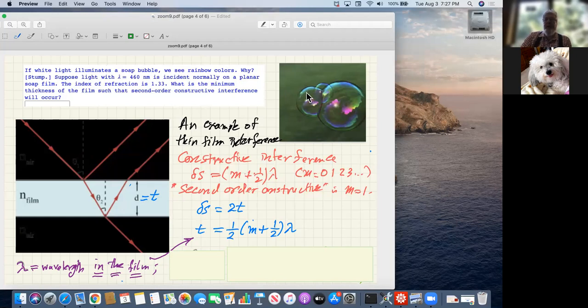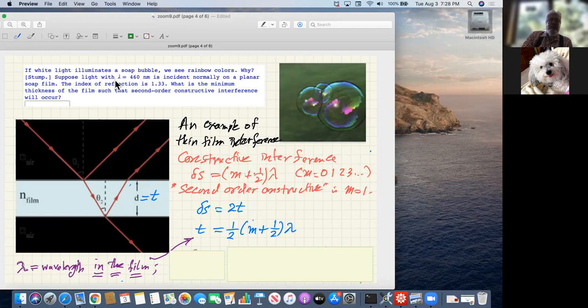At certain angles, each wavelength will undergo constructive interference. So if you're looking at that angle, you'll see that color, because there'll be constructive interference for that wavelength and not for the other wavelengths. So at some angles, you'll see red. At other angles, you'll see blue. At other angles, you'll see green.